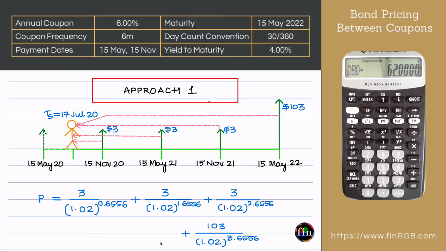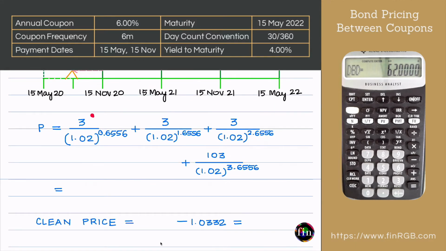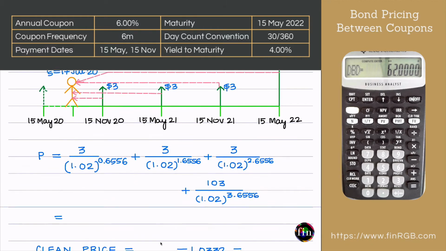For the upcoming cash flow, what should my discount factor look like? This is what I have done here. This is my upcoming cash flow. My discount factor for this cash flow is very simply 1 over 1 plus 4% divided by 2, so 1.02 raised to the power of the number of periods till I receive this cash flow.